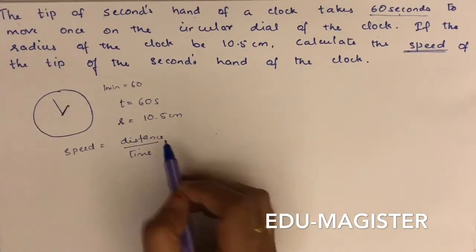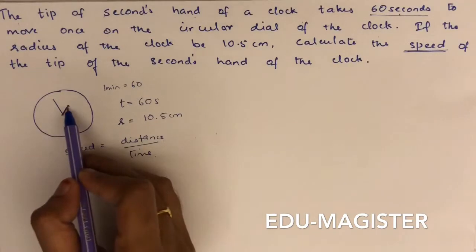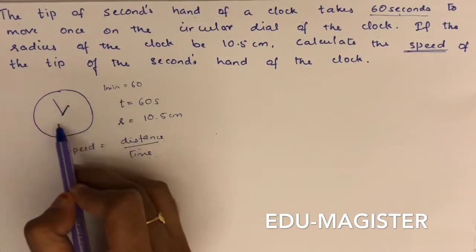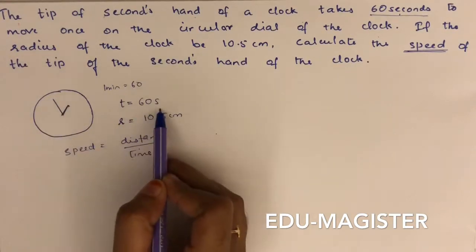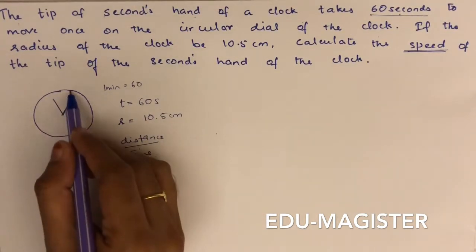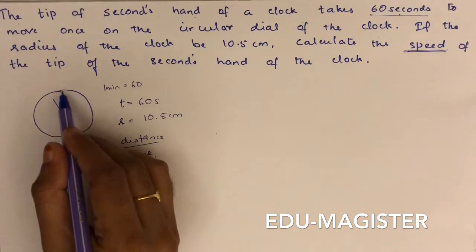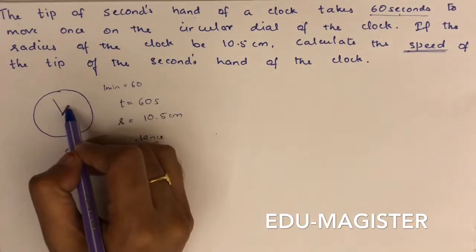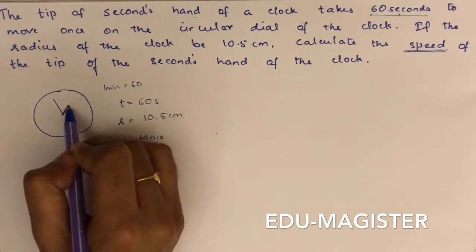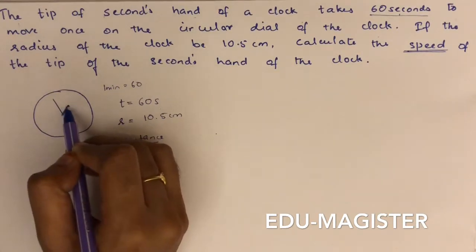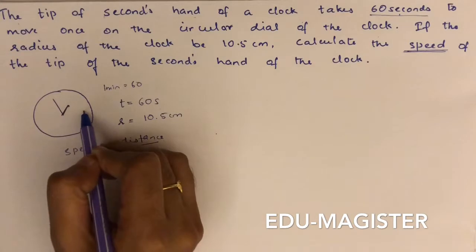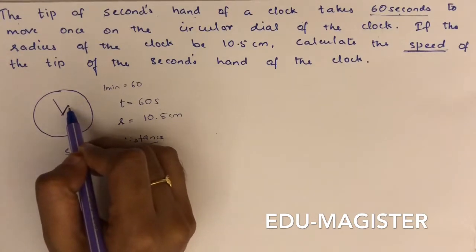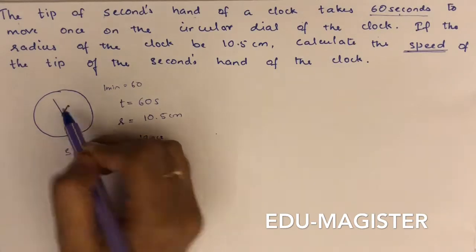We have the time. Now what is the distance? This seconds hand covers one complete circle in 60 seconds. One complete circle means it is the circumference of the circle, right? That is, if the seconds hand is starting from this point, after 60 seconds it will go once around the clock and then reach the same point.